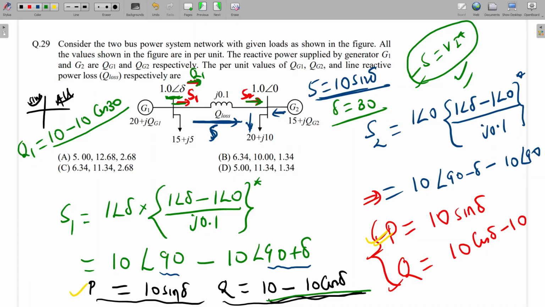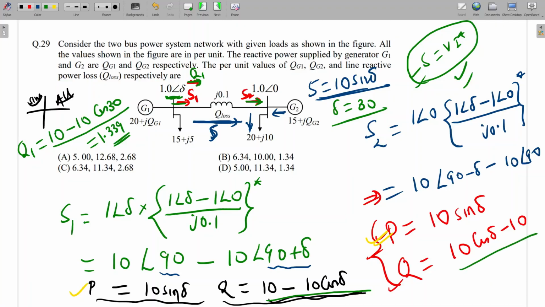Cos 30 means root 3 by 2. So 10 minus 10 into cos 30 will be 1.339. Similarly, we can calculate Q2 for this one.